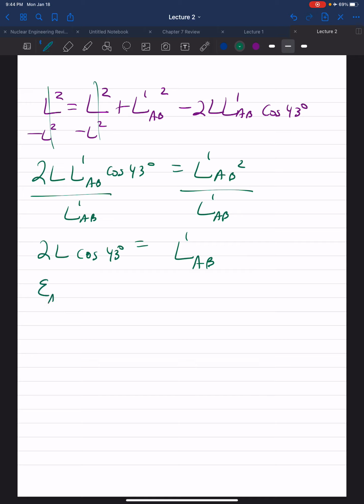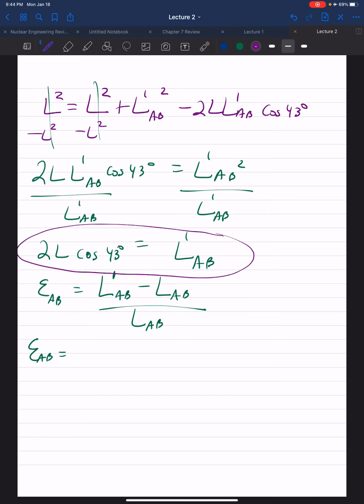Therefore, my normal strain in the wire AB would be my final length, which is L prime AB, minus what it was before the load applied, simply L AB, over the initial L AB. I substitute the previous equations, inserting this into here.